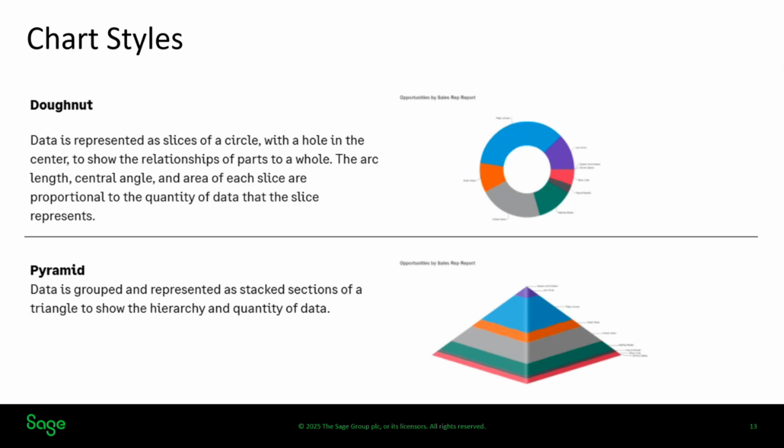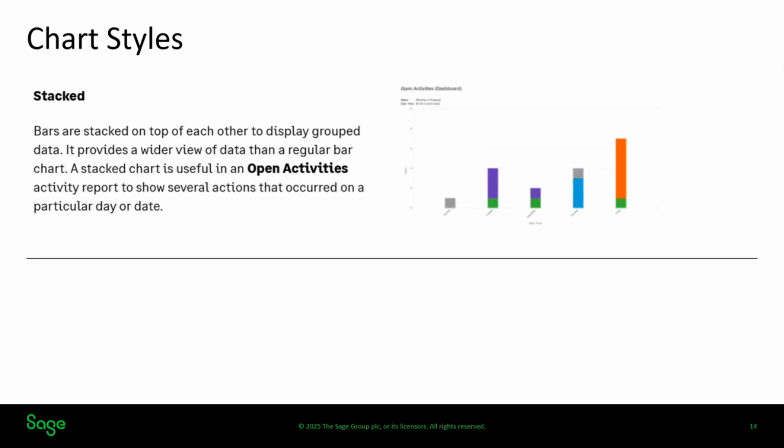It's representing in the area of the chart the quantity within the value that each segment represents. The pyramid is where you've got stats representations, and I don't find personally the pyramid as so easy to understand. We'll actually have a think about that in a moment.